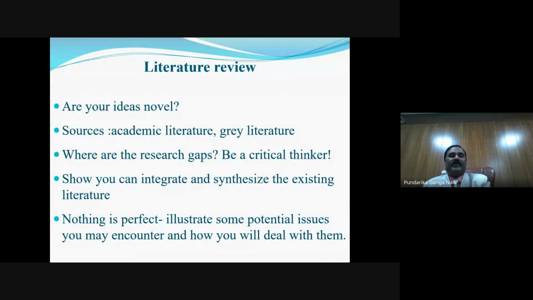principal investigator for funding. Now, when it comes to literature review, all of you are aware, you have got an idea, and you have to get the information from all the sources: academic literature, gray literature, where you don't get the ready-made information. You need to obtain it through various sources and groups.